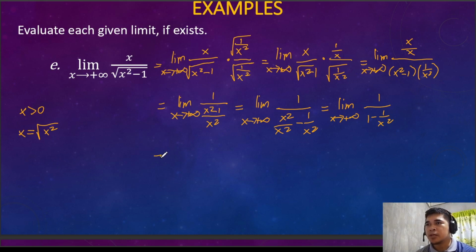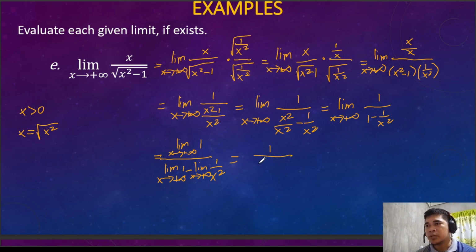So next, we have the limit of 1 as x approaches positive infinity over the limit of 1 as x approaches positive infinity minus the limit of 1 over x squared as x approaches positive infinity. So the limit of 1 as x approaches positive infinity is 1.